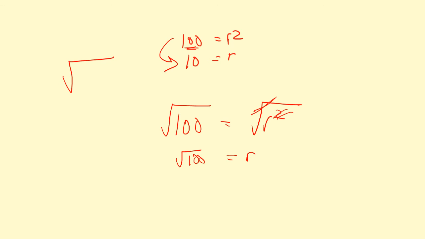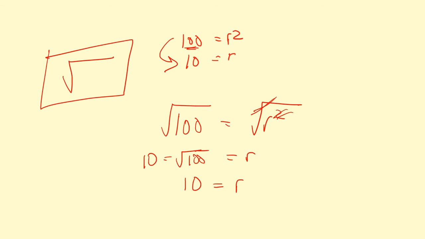And you probably have a key on your calculator that has this. You certainly need that key when you have numbers that aren't as nice as that 100. But with the 100, this radical sign asks the question, what number times itself gives you the thing under the radical? And we know that the square root of 100 is 10, so my r is equal to 10. So this little guy here will probably help you, just a hint, on number 3 in section 3.8.